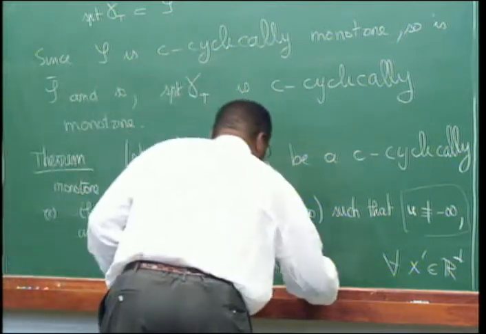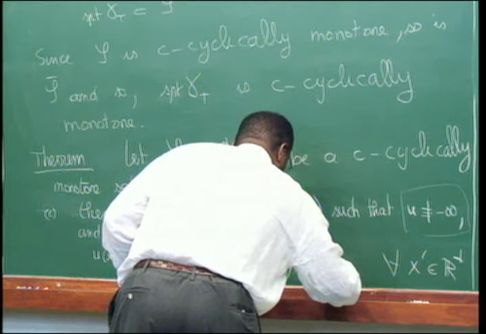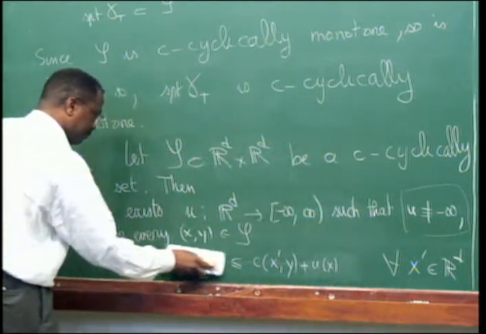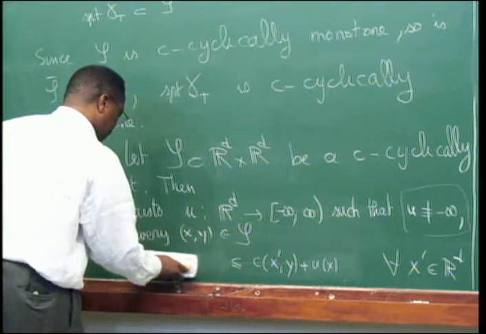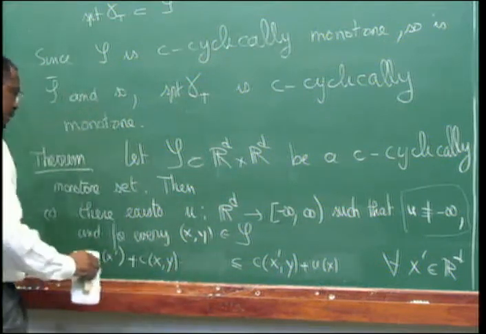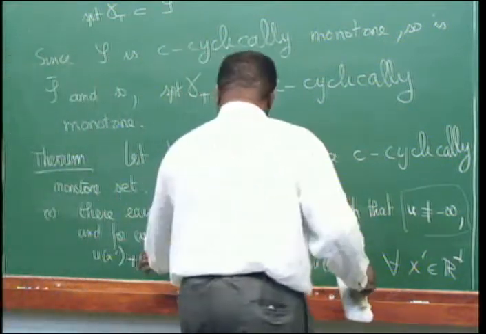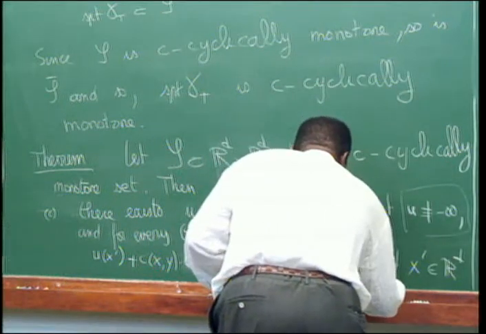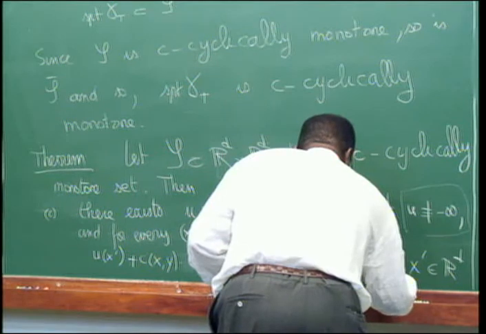And I can move U of S there and remove it from here. And now I can move C here, minus C of X, Y.